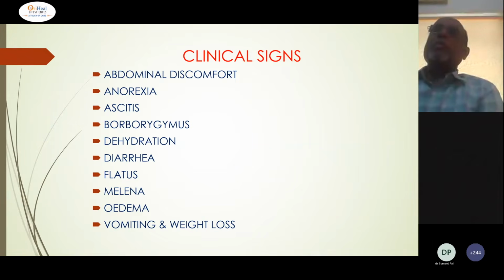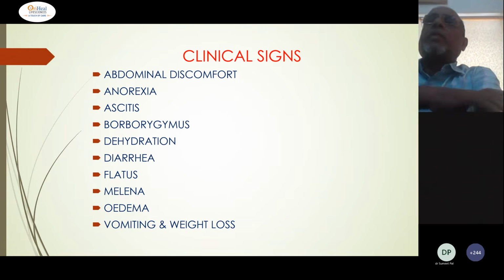Borborygmus: increased sounds heard in the small intestinal tract, either without a stethoscope or with a stethoscope. Increased borborygmus is again a clinical sign attributable to small intestinal disease. Dehydration, whenever there is severe vomiting and diarrhea, you tend to have dehydration. Diarrhea, flatulence, melena, again very, very important. Whenever you have melena, we should find out whether it is an intestinal cause or an extra-intestinal cause.